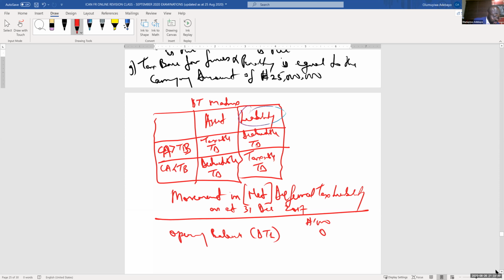If you read the question, it says the building was acquired that year. Everything about it is the start of that year, presumably.